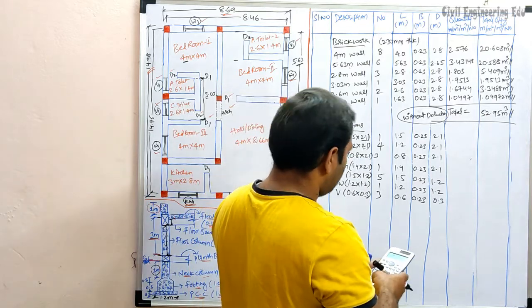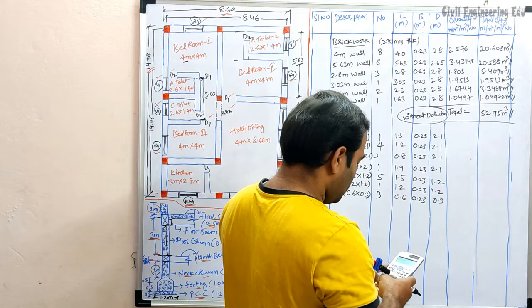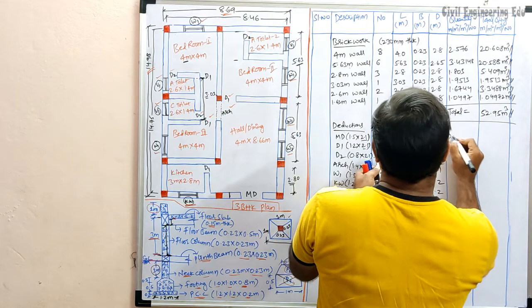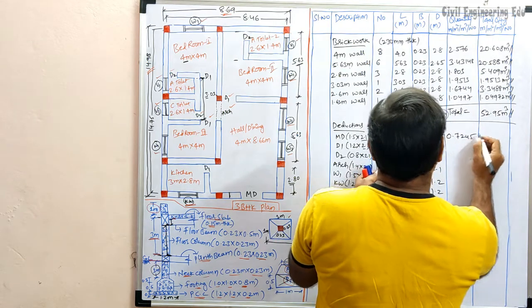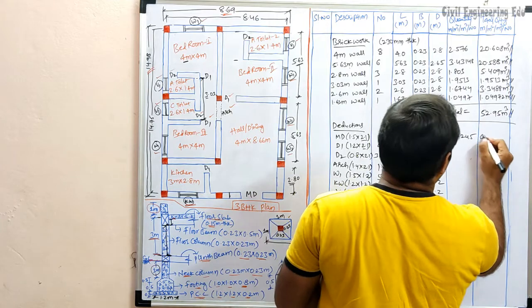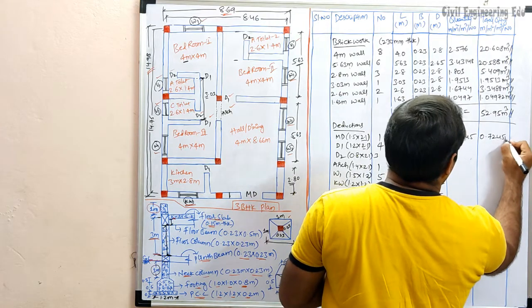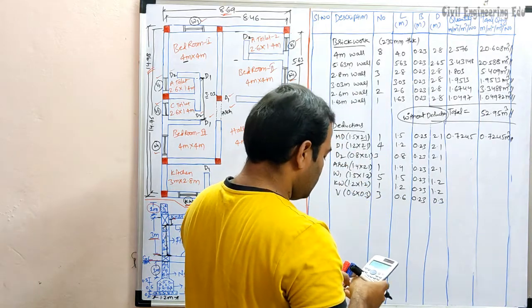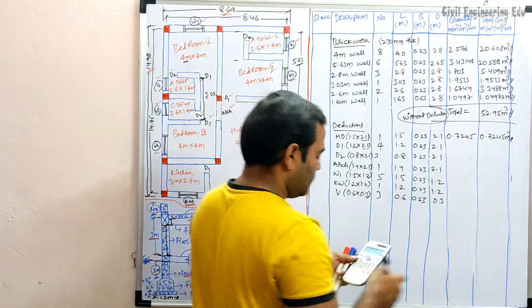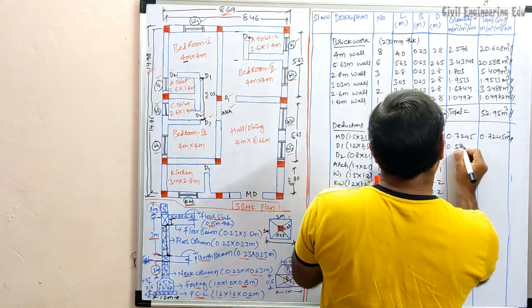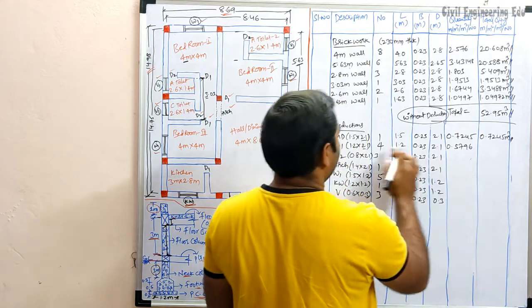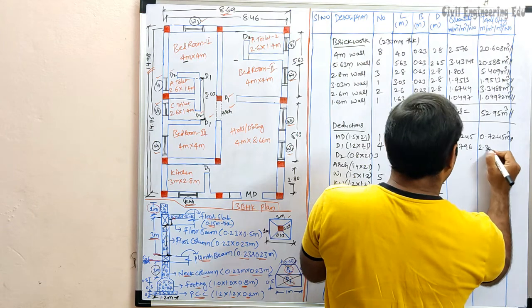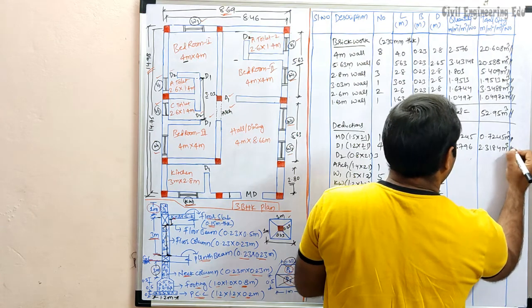So 1.5 into 0.23 into 2.1. So this will be our deduction, 0.7245 multiplied by 1, 0.7245 meter cube. So next one is 1.2 into 0.23 into 2.1, 0.5796 multiplied by 4 into 4, 2.3184 meter cube.